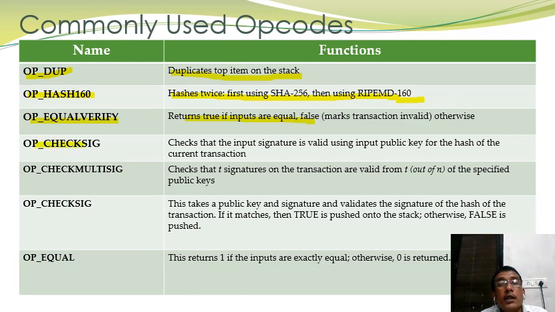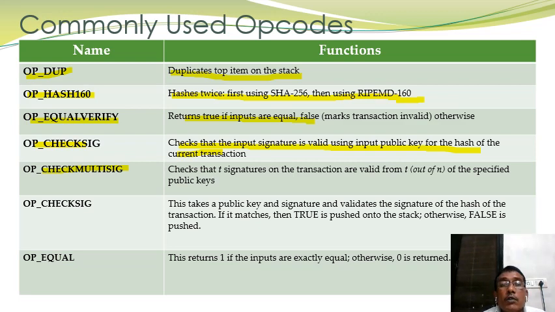Then check signature. This checks that the input signature is valid for the input public key and the hash of the current transaction. Then check multiple signatures. We know that some transactions are signed by multiple private keys, and in that case we have to check m out of n signatures.